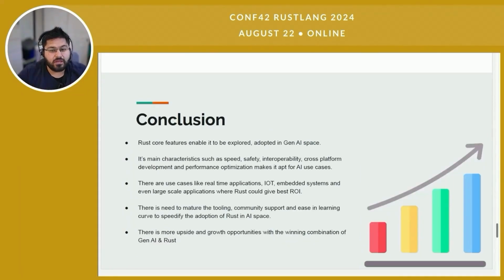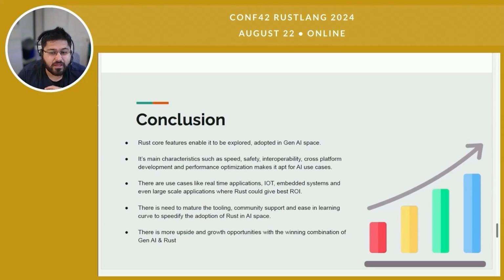In conclusion, I would like to recap that Rust's core features enable it to be explored and adopted in the GenAI space. Its main characteristics, such as safety, speed, performance, interoperability, cross-platform development, and optimization, make it apt for AI use cases.